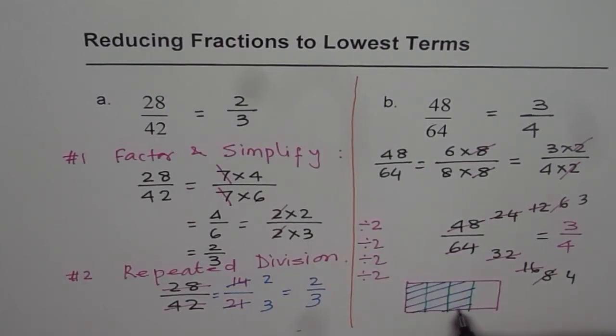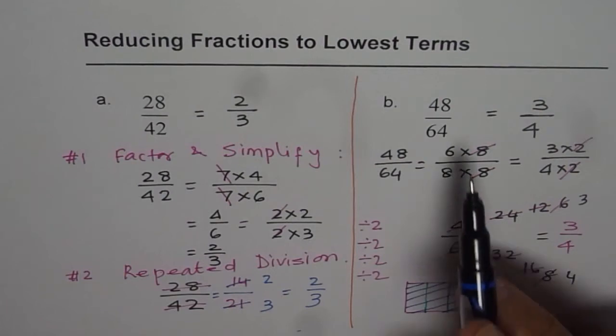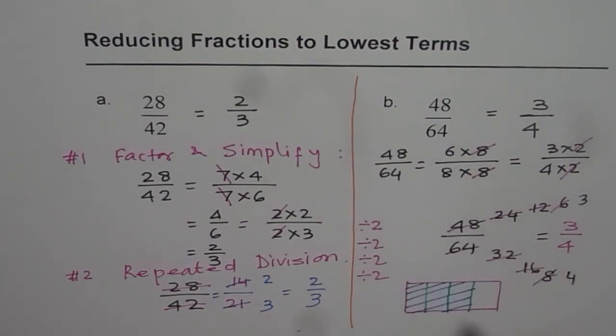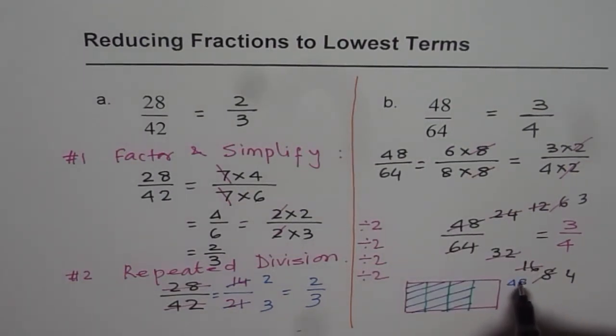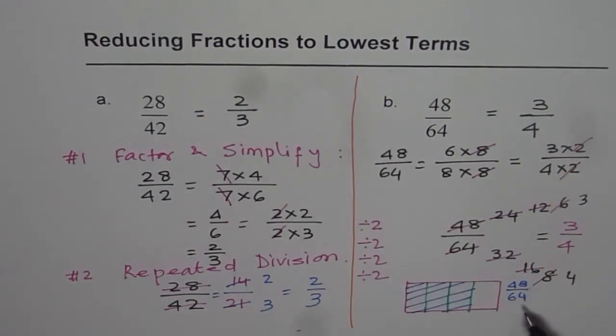But you know, it's 3 out of 4, and it is also 48 over 64. So this is the same as 48 over 64, right? So if I write 48 over 64, you kind of don't really get that idea that it'd be 3 out of 4, right? So simplify the fractions so that we can appreciate them more, correct?